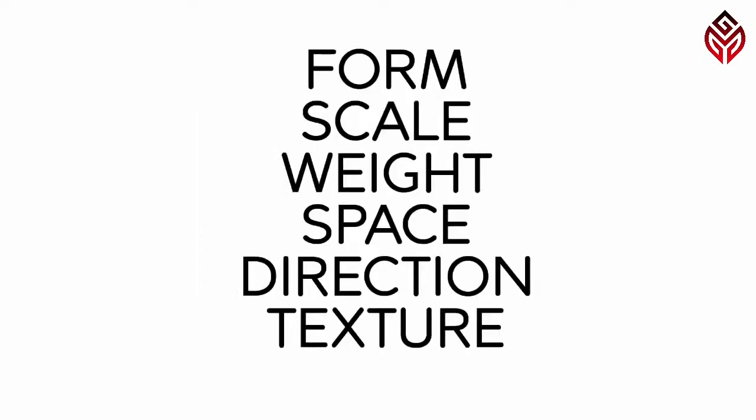Those categories are form, or kind of shape; scale, size relationships; weight, so a difference in tonality; space, how a composition might use negative and positive space; direction, horizontal, vertical, diagonal lines, or how objects point and help you traverse white space; and then texture, the kind of flatness versus the texture or the quality of a certain object.